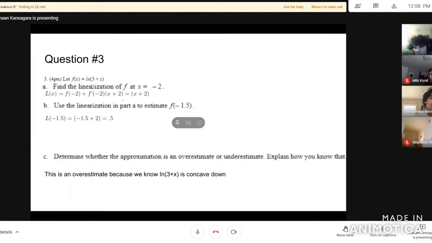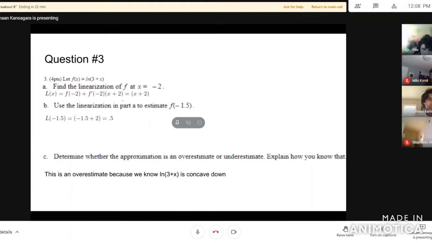And then after simplification, this just goes to ln of 1, which is 0, plus the derivative of ln of 3 plus x, and from there you're just going to get 1, so it's just going to be x plus 2. So from that you have L of x is equal to x plus 2, and you plug in your negative 1.5, and you get 0.5.